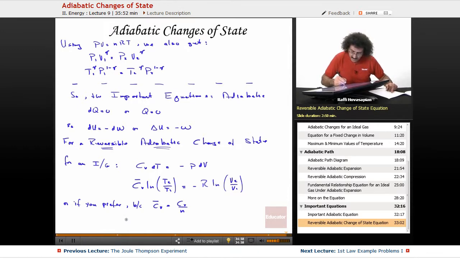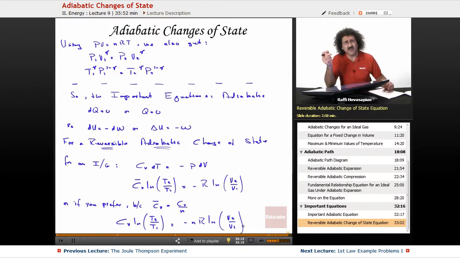You can get CV times the ln of T2 over T1 is equal to minus nR times the ln of V2 over V1.